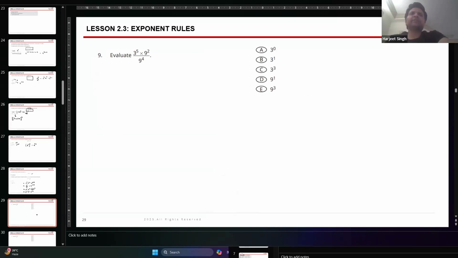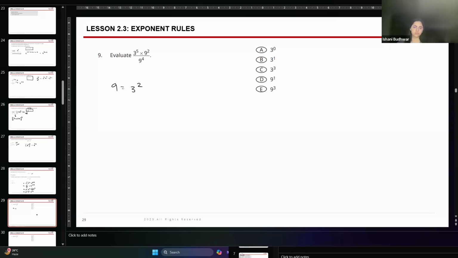So let's do this. So here the clue is that we know 3 is 3, and 9 is equal to 3 square, right?